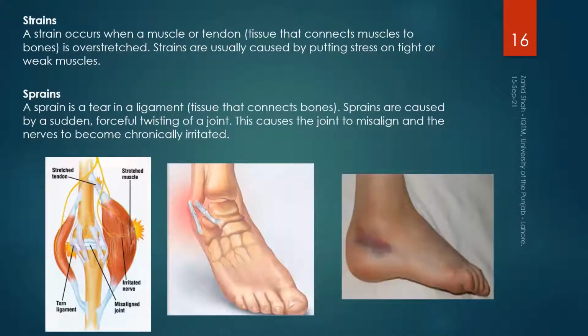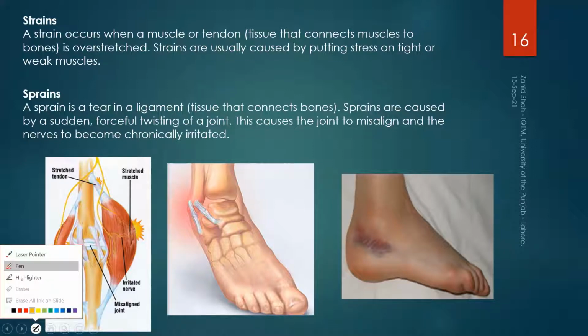So strain occurs when a muscle or tendon, and you remember a tendon is the tissue that connects muscle to the bones, is overstretched. Strains are usually caused by putting stress on tight or weak muscles. A sprain is a tear in a ligament, the tissue that connects bones together. Sprains are caused by a sudden forceful twisting of a joint. This causes the joint to misalign and the nerves to become chronically irritated.